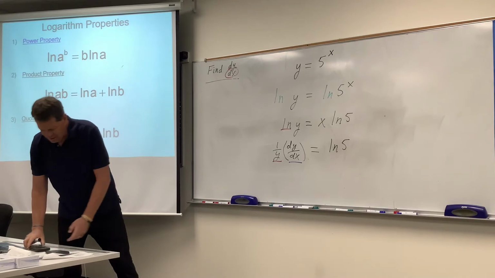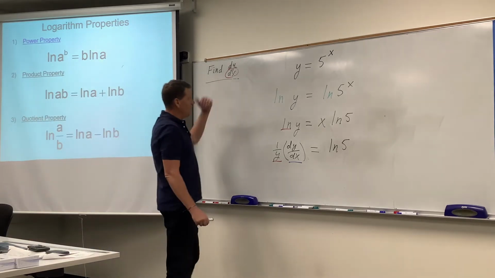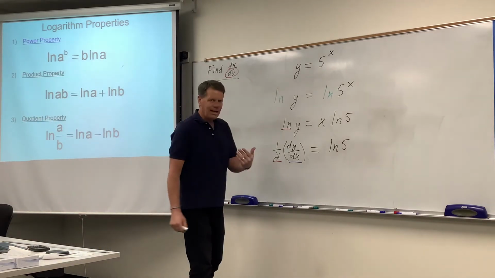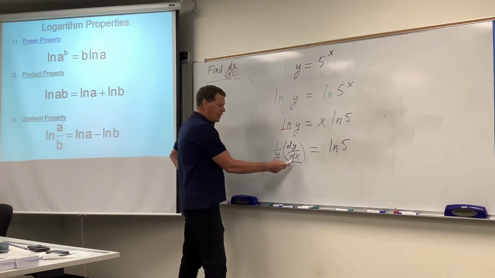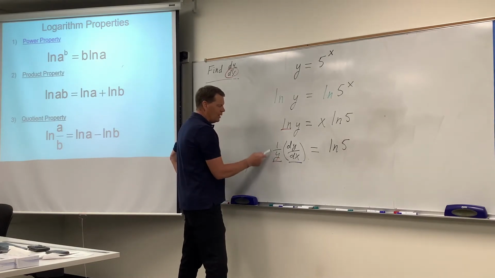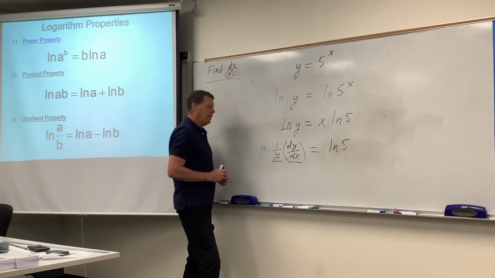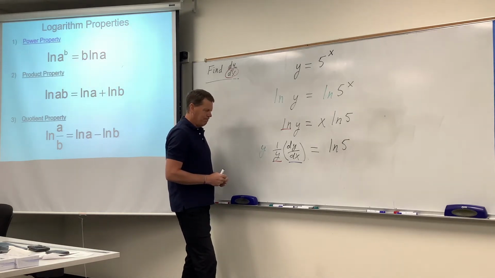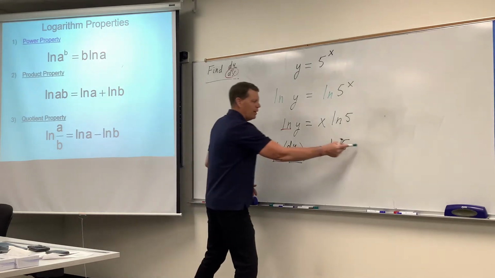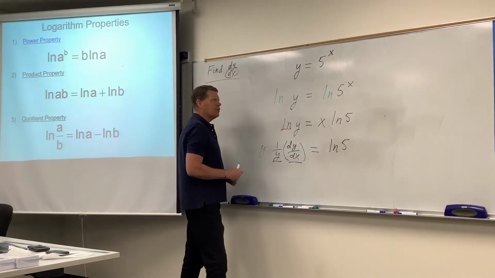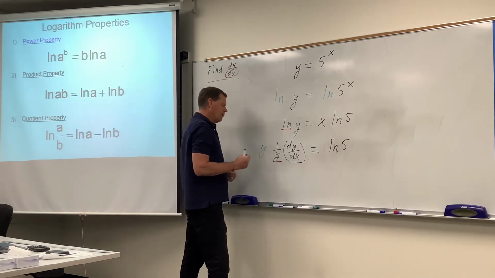Okay, last thing. The question was to find dy dx. So we treat this like an algebra question, and we say, I want dy dx by itself. I want to get rid of the 1 over y. How do you get rid of 1 over y? You multiply by y to clear the fraction. And you think, well, then we'll multiply the other side by y. But here's another part of the ingenuity of this.